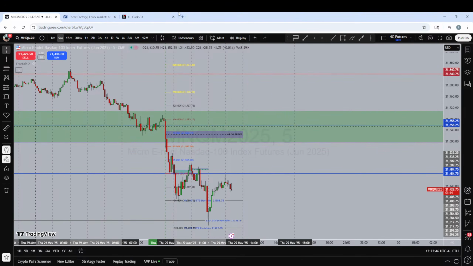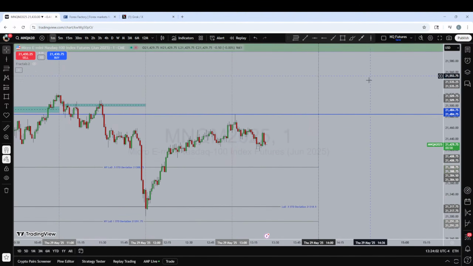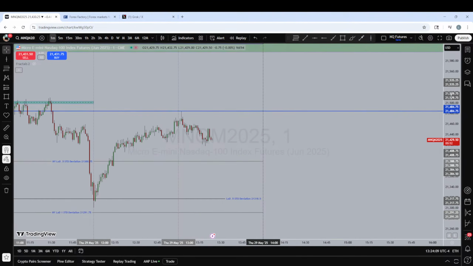That's where we are. Go to the 1 minute again. It's going to be about 1:30 in New York time, so the afternoon session is about to start.